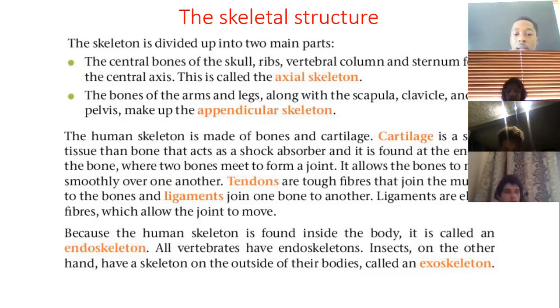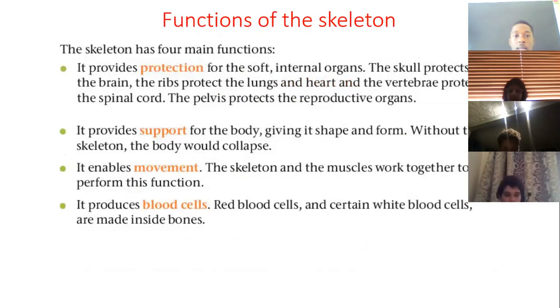Because the human skeleton is found inside the body, it is called an endoskeleton. All vertebrates have endoskeletons. Insects, on the other hand, have a skeleton on the outside of their bodies called an exoskeleton. All right? We know that endo means in, exo means out: external, internal, right? Now, the skeleton has four main functions.